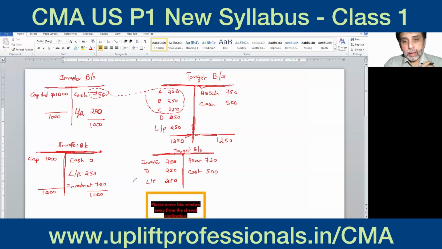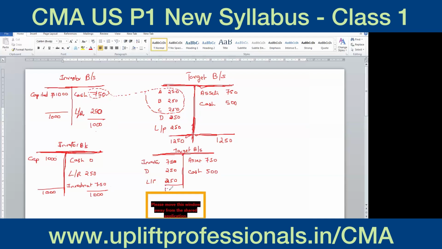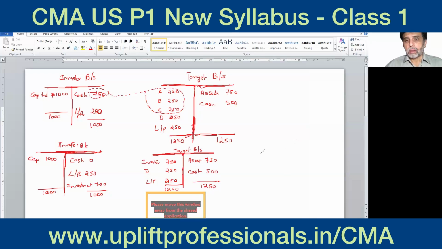Right? Tallying, no? Yes. Okay. Now the consolidation will take place. Now the consolidated.